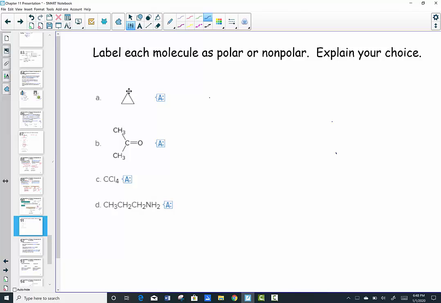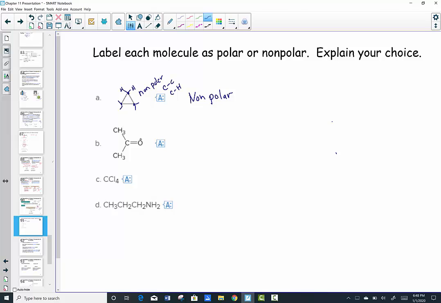For example, cyclopropane contains all nonpolar bonds. I see that all the bonds are either a carbon to carbon or a carbon to hydrogen. And so therefore, there aren't any polar bonds. Therefore, the molecule must be nonpolar.